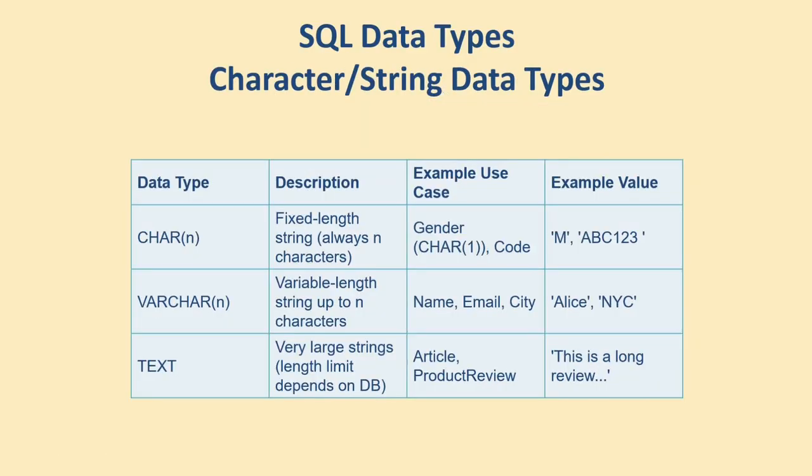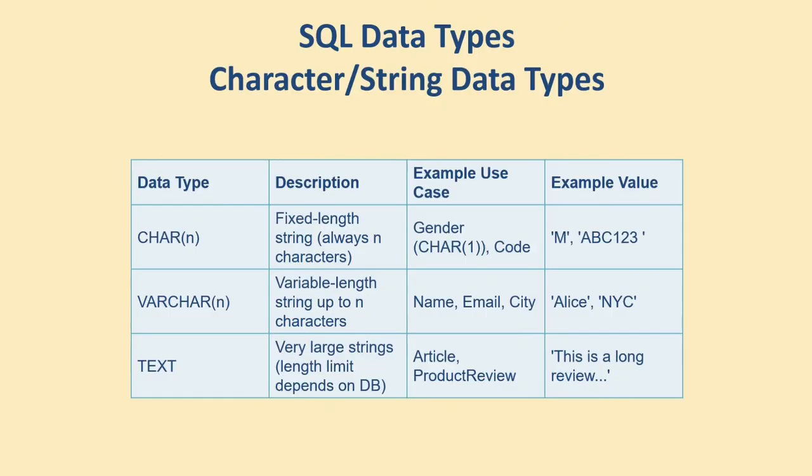Then we have char, varchar. I think you know these types. Char for the fixed length, like M, ABC, 1, 2, 3, etc. And varchar for variable length, string up to n characters, like name, email, city.